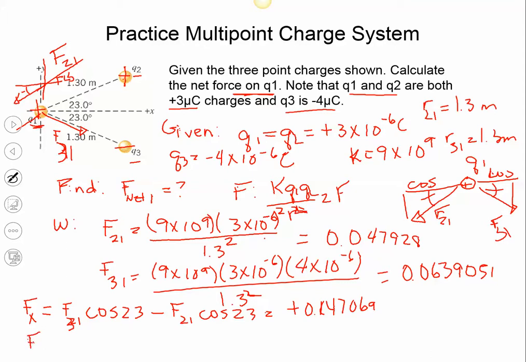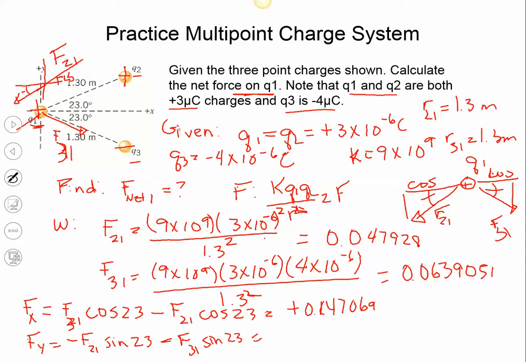My F of y, both of them are negative, so it doesn't make any difference here if I reconcile it at the end or now. For convenience's sake, I'm going to do it here. So F21 sine 23 and F31 sine 23 will give me my y components.